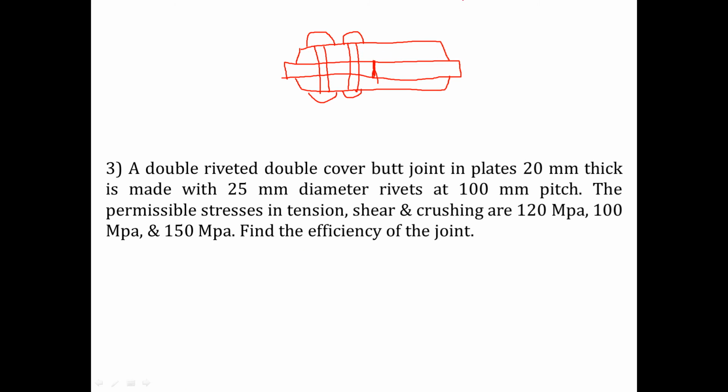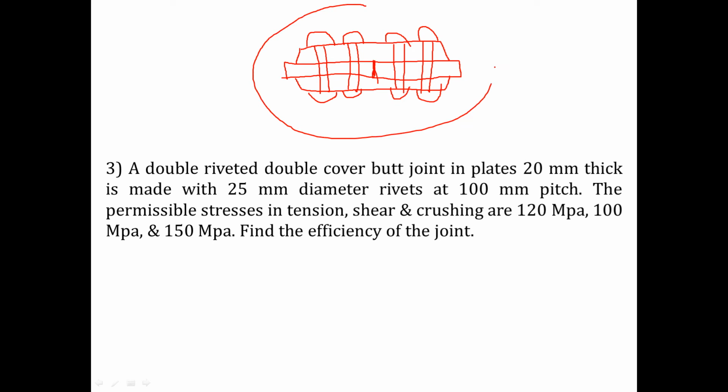Similarly, if I want to join the second plate with both the top as well as the bottom cover, I have to use 2 rows of rivet. This is the first row of rivet and this is the second row of rivet.